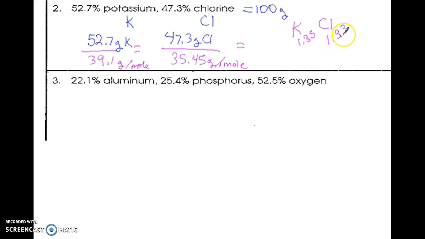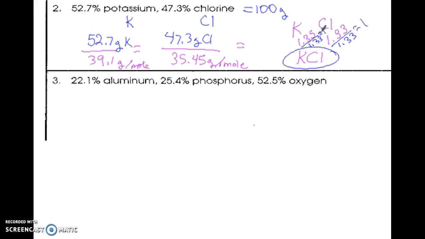So we would divide by the smallest number, and we would see that it's a 1-to-1 ratio. So the formula is KCl, because it's a 1-to-1 ratio. You just divide by the smallest one. When we divide this by 1.33, it's a little off, but it's extremely close to 1. So you just divide both of them by 1.33. Okay, that's the formula for that.